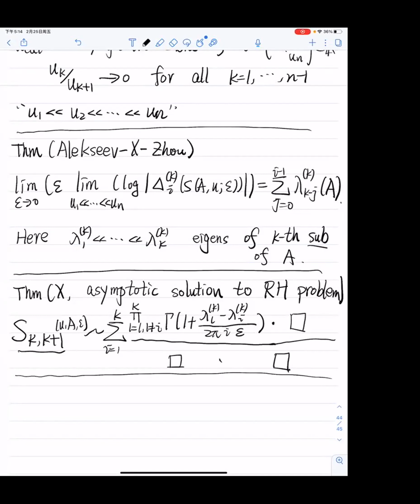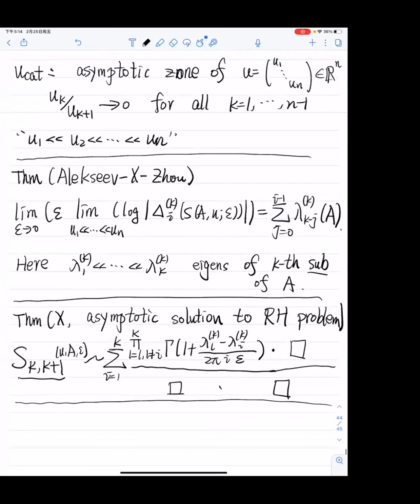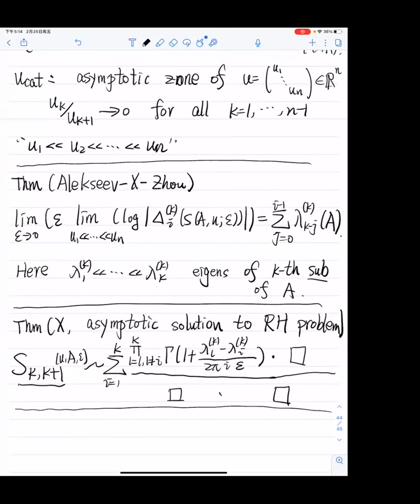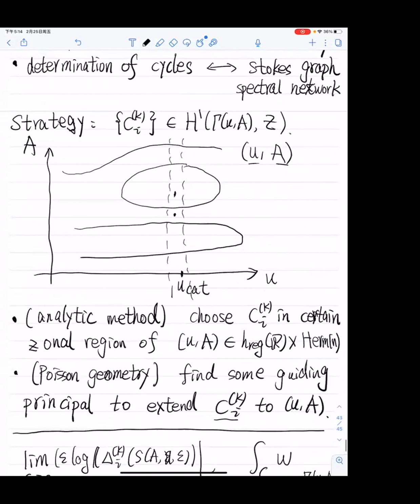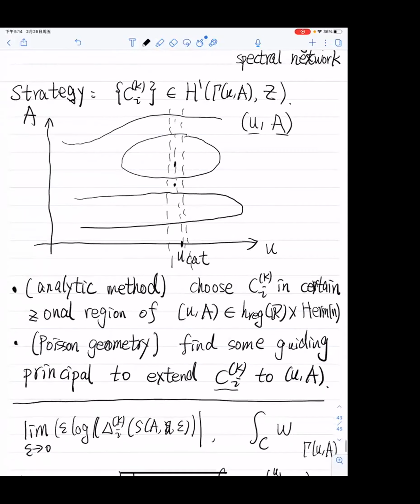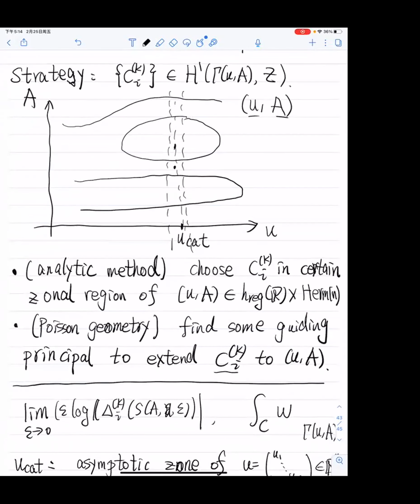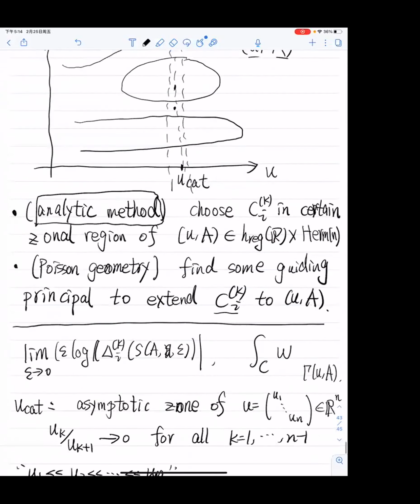So to understand this conjecture near this zonal region, we have to use some analysis, some asymptotic solutions to the Riemann-Hilbert problem. This is what I mean by analysis here. Okay.